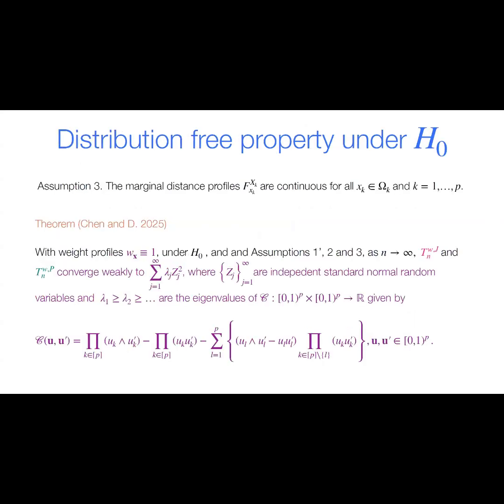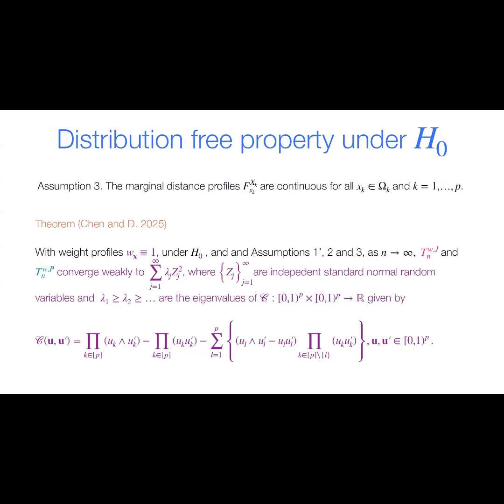One very interesting property that was not discovered before is that if you have the trivial weight profiles, then this test is actually asymptotically distribution free. This is a good result because it means these lambda j's, the eigenvalues of the covariance operator defined on the previous page, no longer depend on the data points.